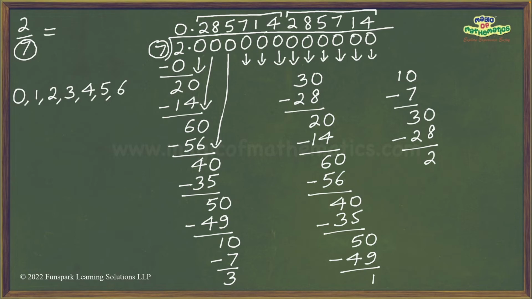Let us look at the first few remainders that we got in our division process. Our first remainder was 2. Next we got 6. Then we have 4. Then 5. Then 1. And then 3. Whatever we get next has to be from this set only.